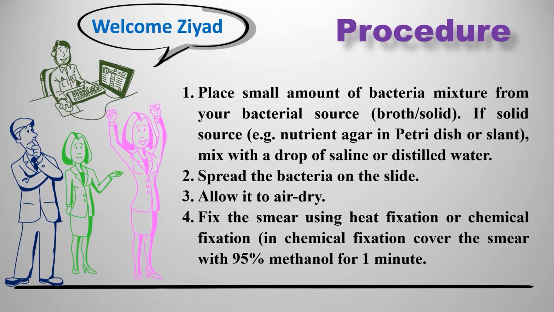This is an easy lesson, but it should be done as follows, in order. The first thing you have to do is bring your bacterial mixture, whether in a broth, which means it is in a liquid phase, or in a solid, in nutrient agar in a petri dish, or in a slant.